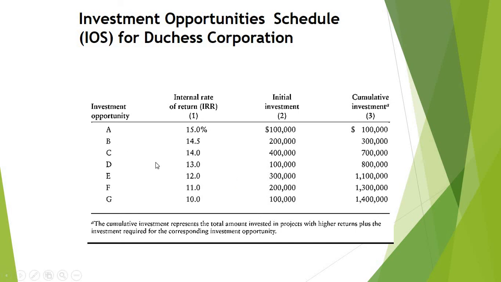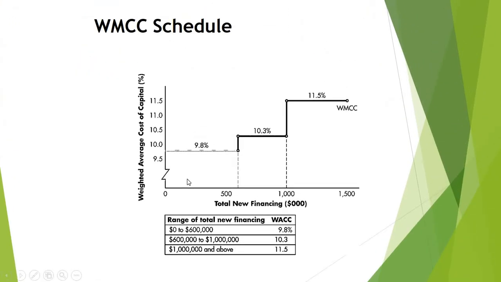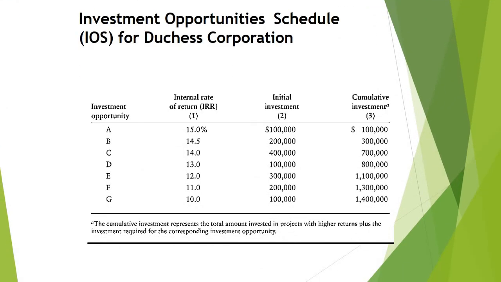So the firm can accept the investment opportunities from A to E, because from investment opportunity A to E, the firm's internal rate of return is above 11.5%.